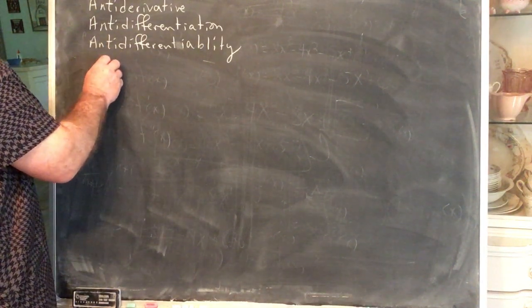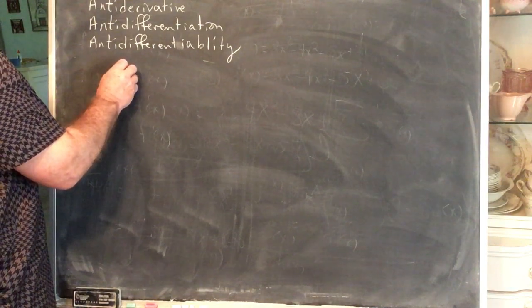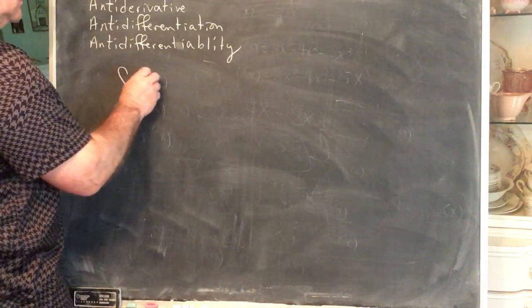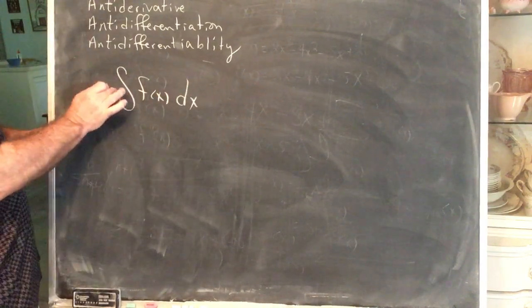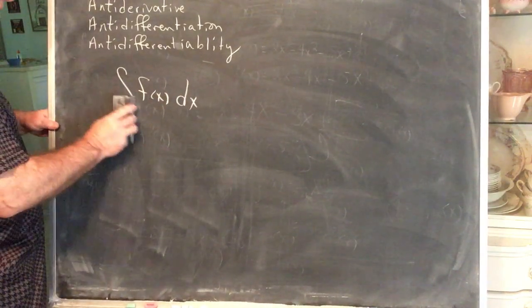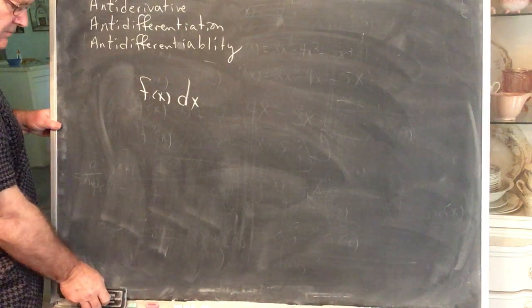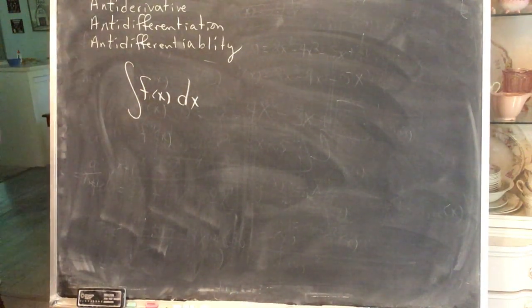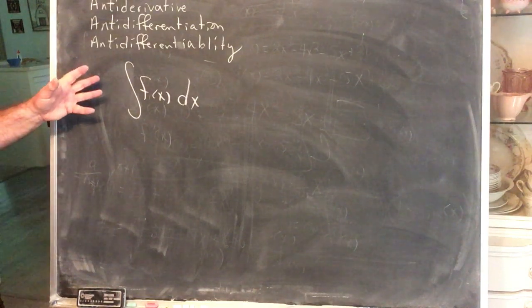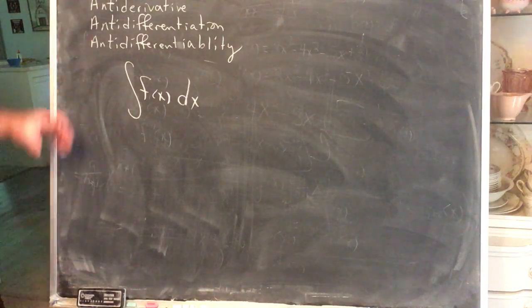If f of x is the function, then this is the symbol. This symbol, I'm going to make a little bit better one here. It is an elongated S, similar to the elongated S's you might see in a handwritten script of the Declaration of Independence, for example.